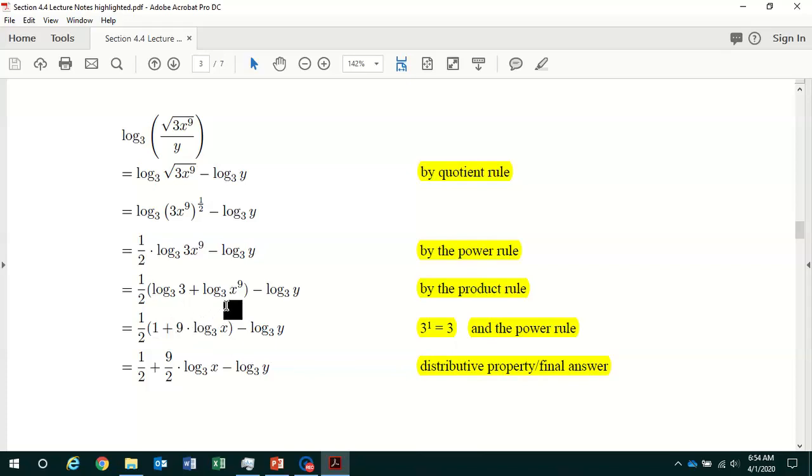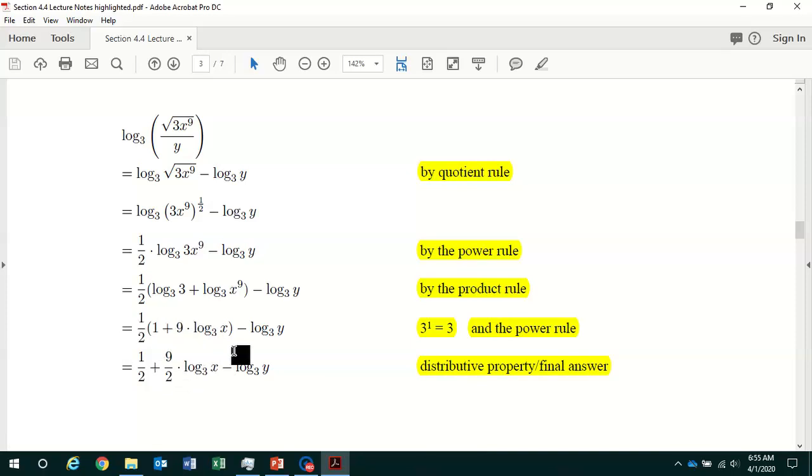And then log base 3 of x to the 9th, this exponent 9 can be brought down in front of the log, and we have 9 times log base 3 of x. So the last step is then to distribute the 1/2 inside the parentheses.